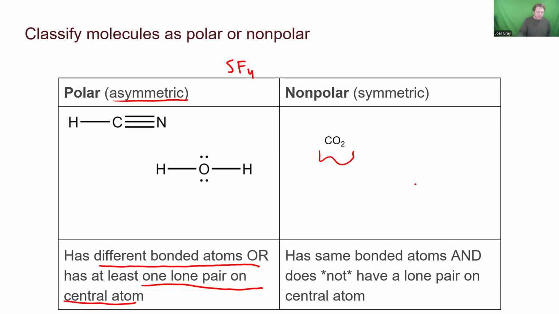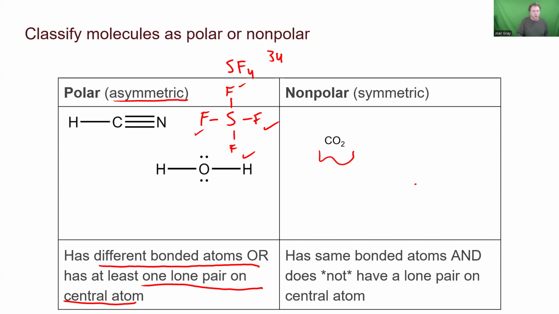If you remember SF4, I think we had a total of 34 electrons to draw here. And if I remember the overall structure, it was something like this. F, F, F, F. So that's 8 electrons, and then it's 6 around here, so that's 14. 6 around here, that's 20. 6 around here, that's 26. 6 around here, that's 32.